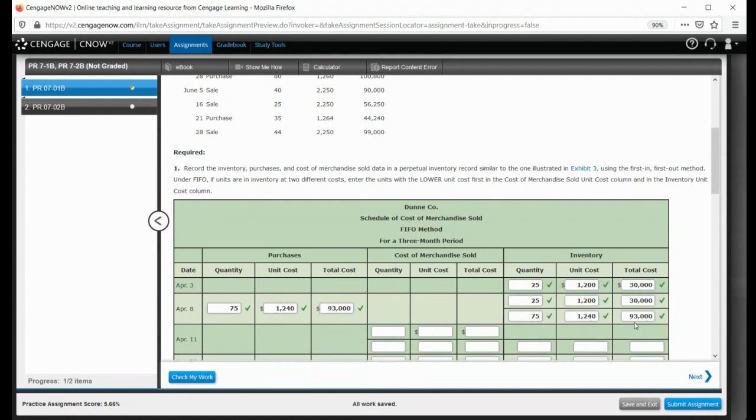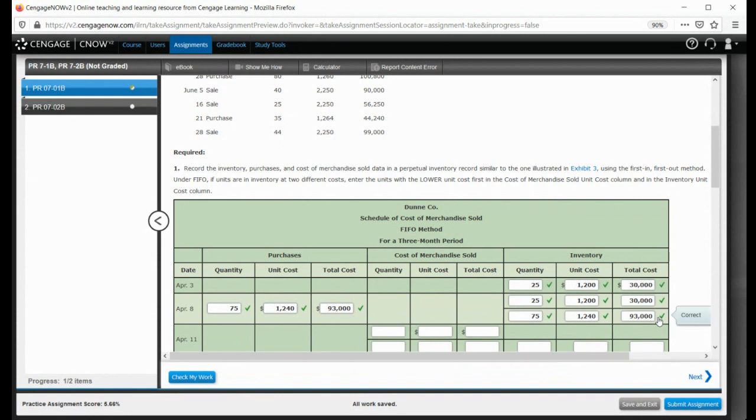So the total cost would be 123,000 for our ending inventory. At all times in a perpetual inventory system, we need to know what the ending inventory is costing us. So on April the 8th, our ending inventory cost us an amount of $123,000. That's these two combined.